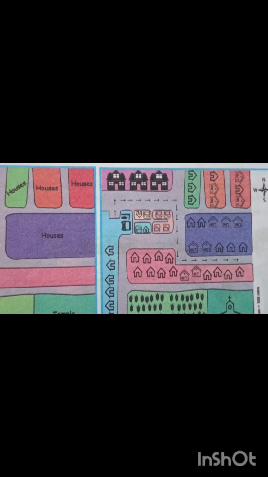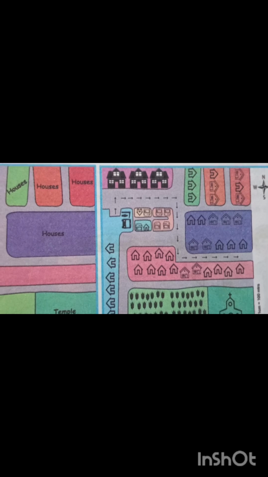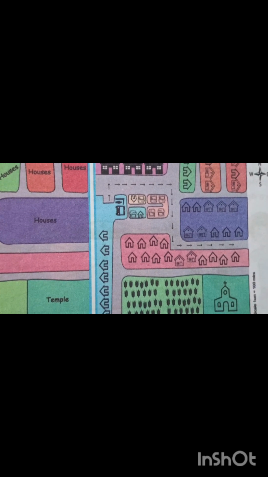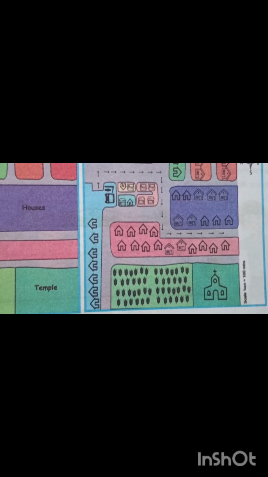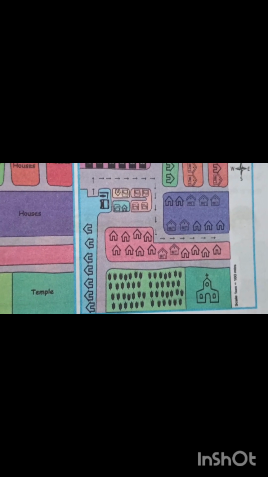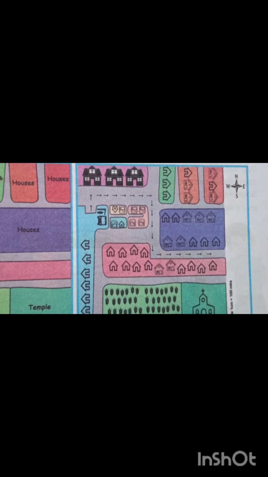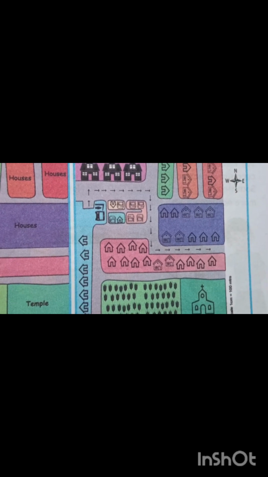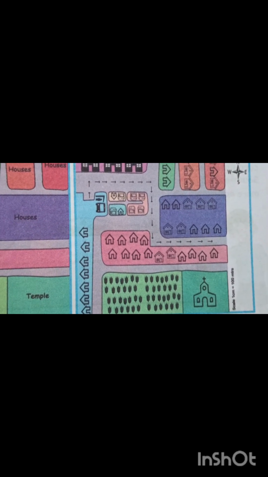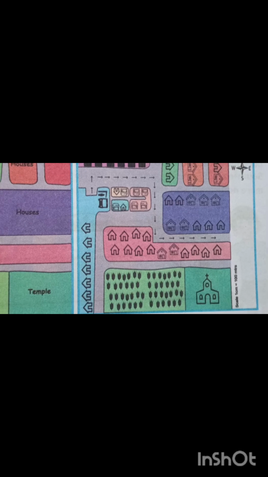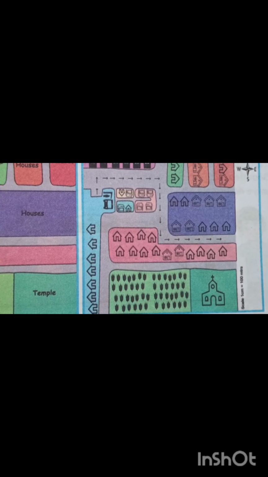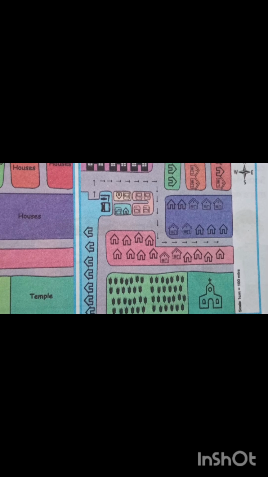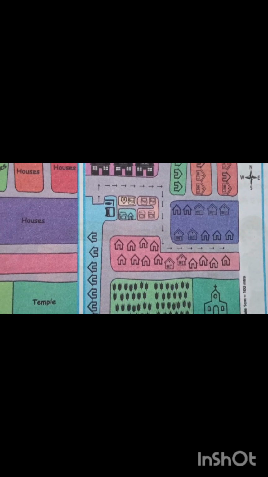We use them here to indicate the direction as well as the roads. Like that, so many things if we observe, we can see in the map. So, this is the difference between the sketch and map.